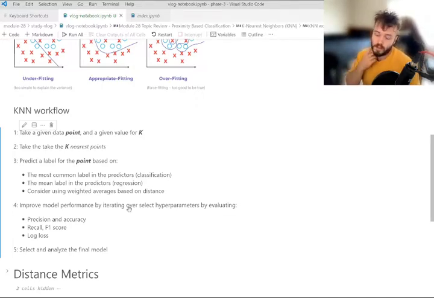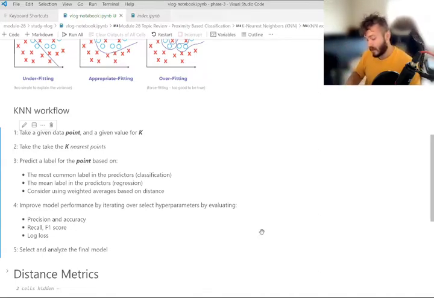And at some point, if you're iteratively improving your model, you're probably going to use weighted averages, and it's going to be penalized based on the distance the predictor point is from the target point. Anyway, you can improve your model performance by iterating over select hyperparameters.